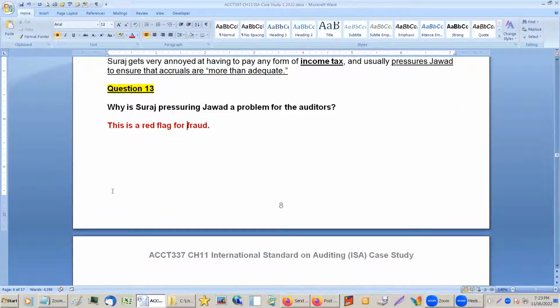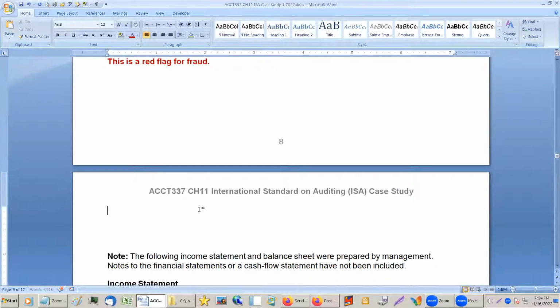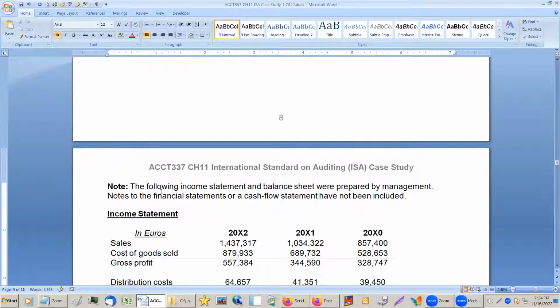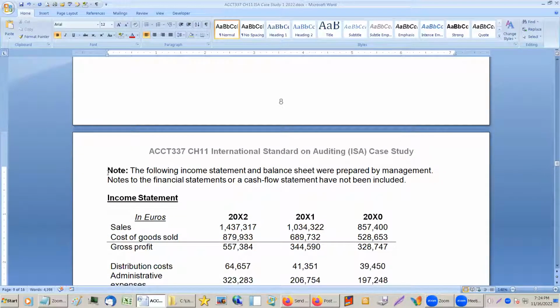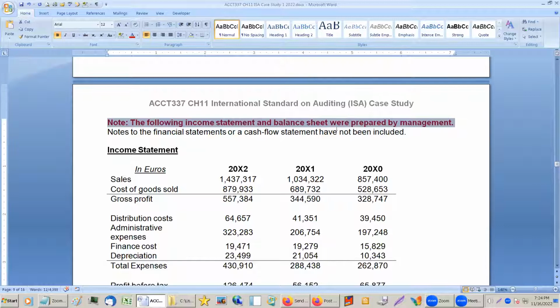Okay, the last two here have to do with looking at the financial statements. So what will happen when you do an audit is management will give you the financial statements. In this case, we just got two of them.